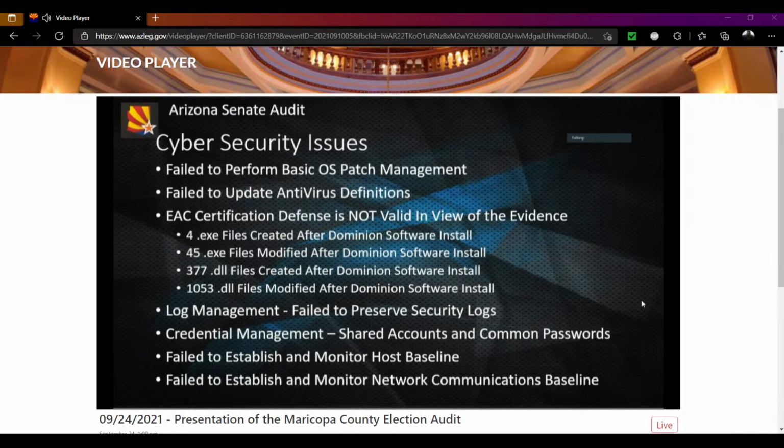Okay. Now, Maricopa County did release a statement saying that if they had patched the operating system or if they had updated the antivirus, that would have invalidated the EAC certification for the voting system itself.